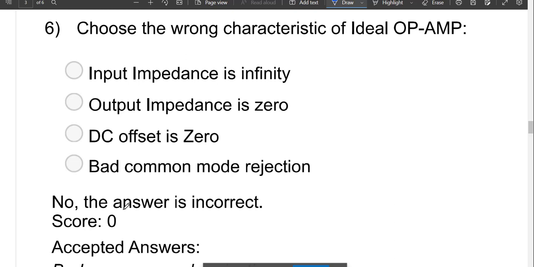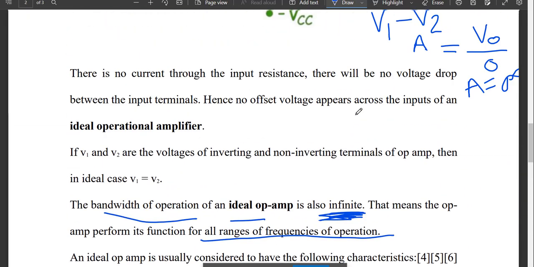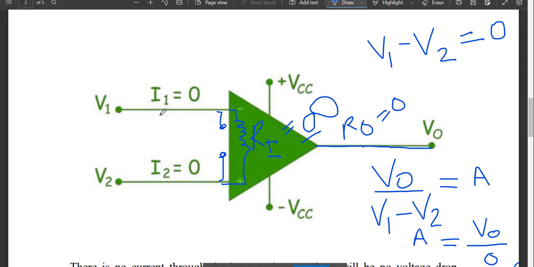I will tell you in layman's terms what common mode rejection means. These are the two ports of the op-amp. If noise comes, noise will come in both the input ports.